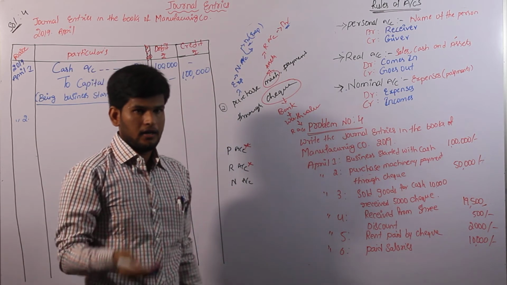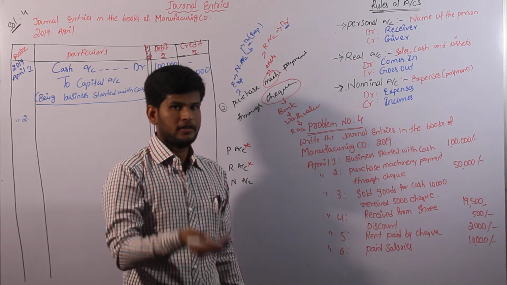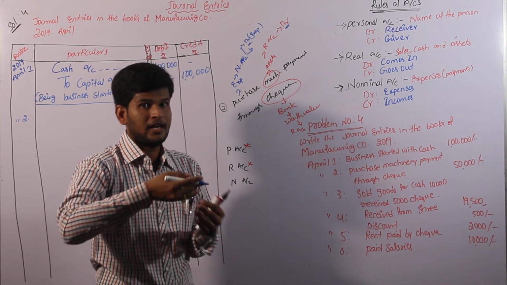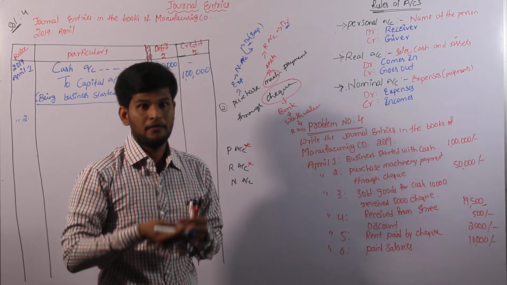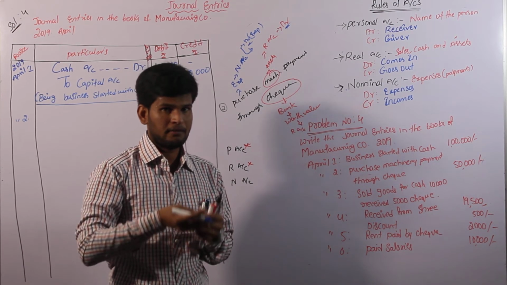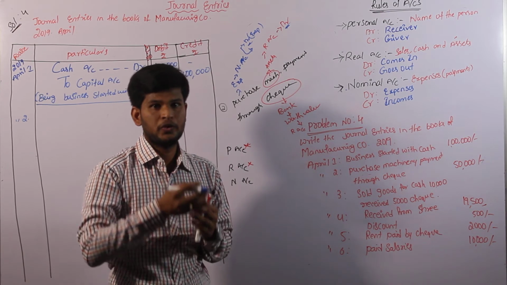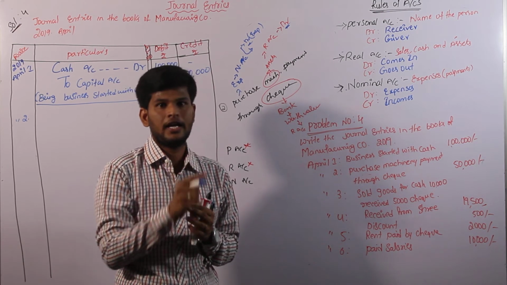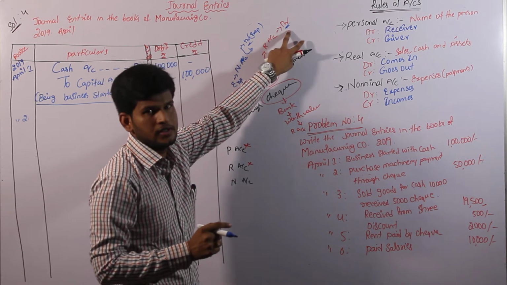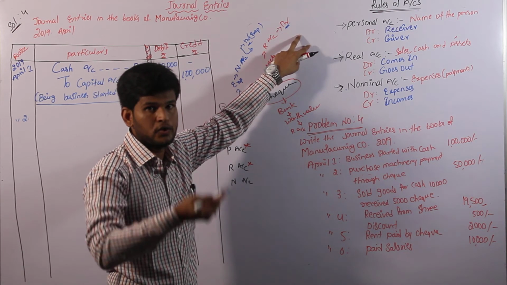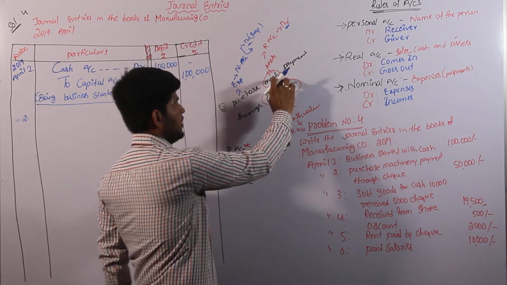But assume our third problem, our second problem: whatever the transaction, if it has multiple debit entries, we have to check whether the debit transaction has any property or any asset. Here we have two debit values. So under the debit values, we have to give first preference to our assets.